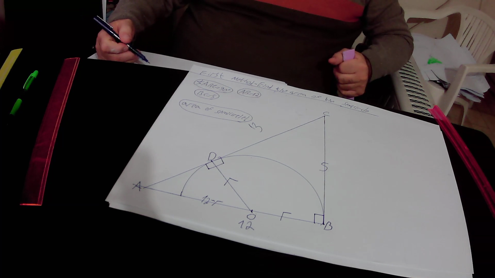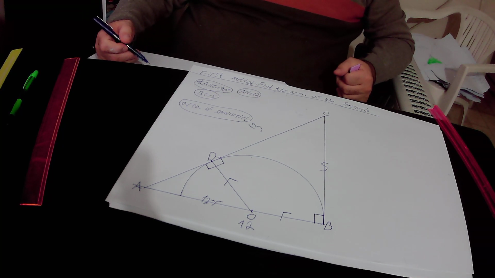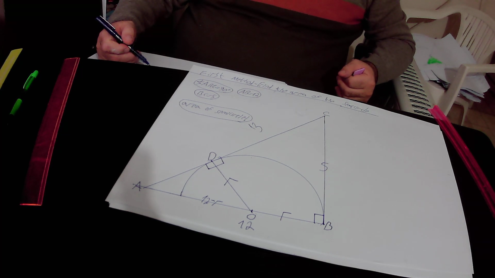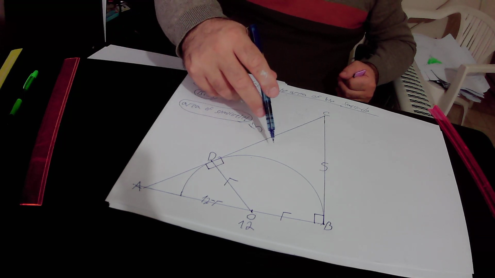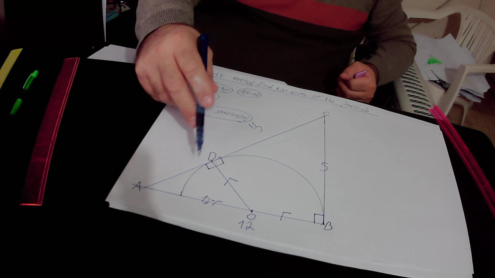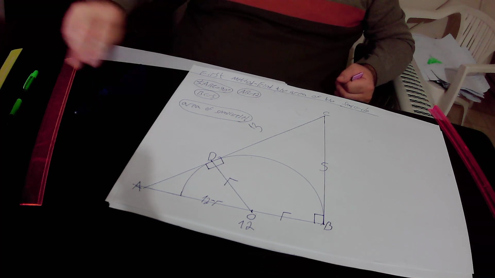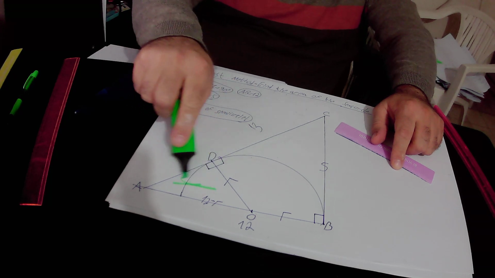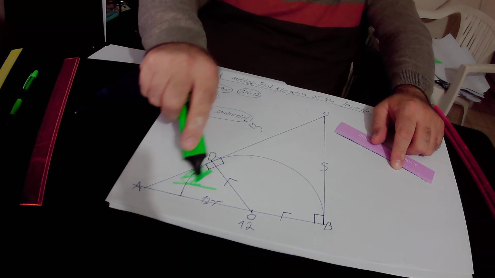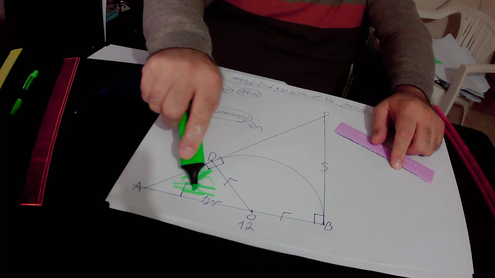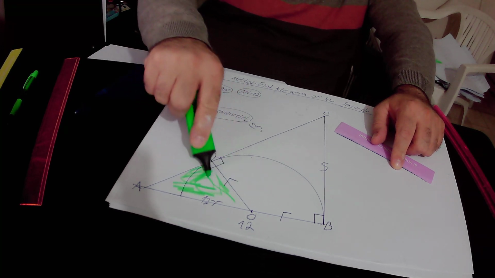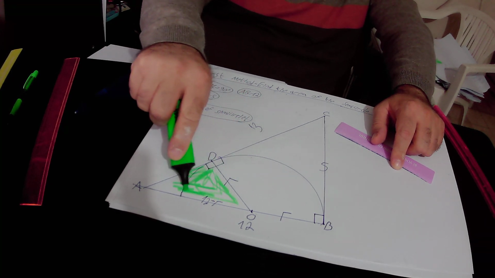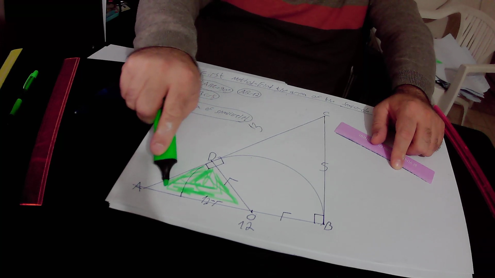And in the next step, we will focus on the right triangle, triangle ABC, and also on the right green triangle, triangle ADO. This right triangle, triangle ADO, and the big right triangle, triangle ABC. And we will prove that those two right triangles are similar to each other.